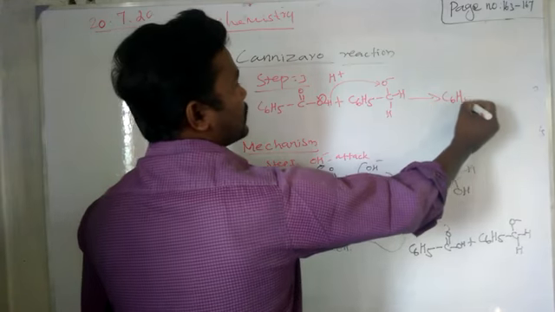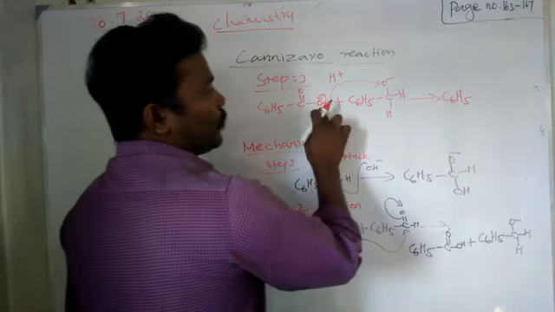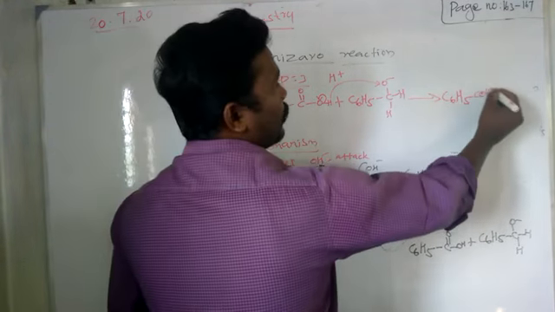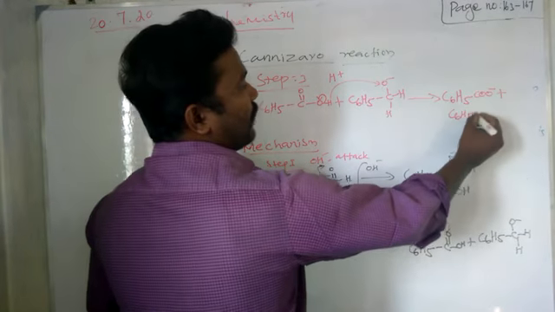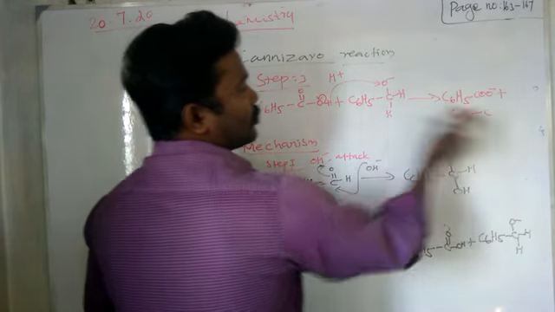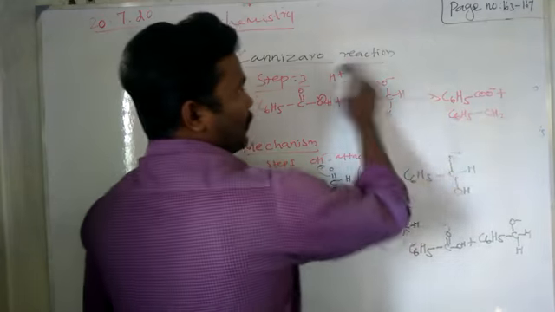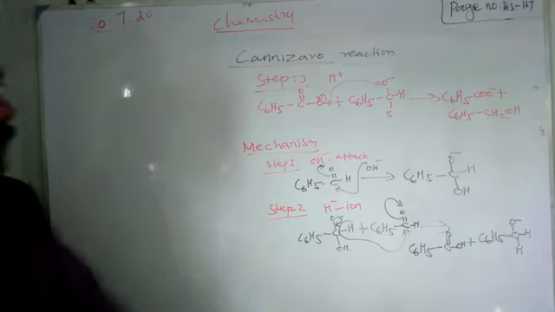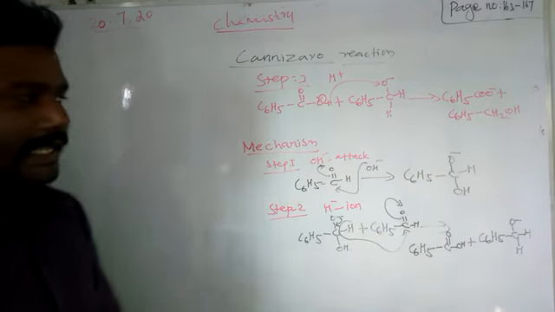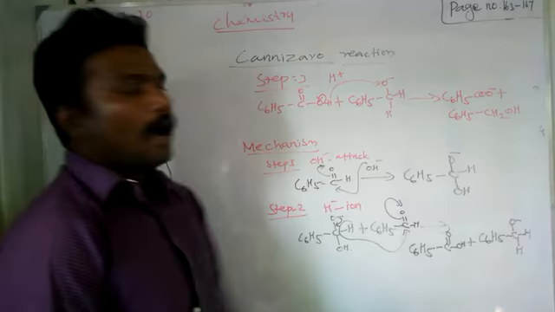So what are the products? C6H5 COO minus, plus another product, C6H5 CH2OH. Now we got 2 products. One is the carboxylic acid salt, another one is alcohol.